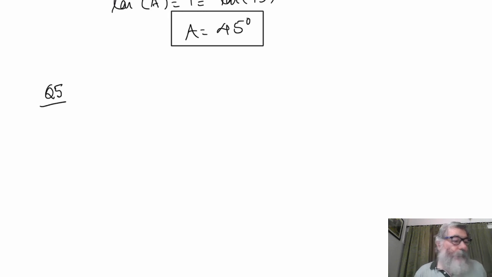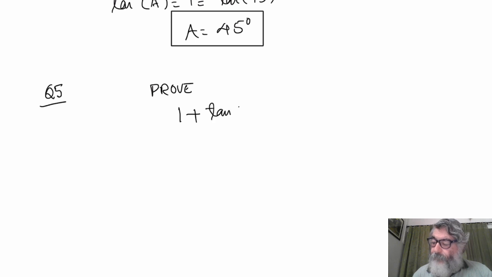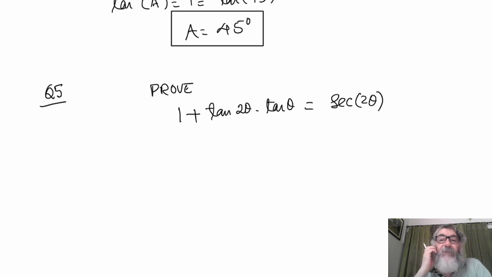He says prove that 1 plus tan 2 theta times tan theta is equal to sec 2 theta. So whenever a question is given, you take left hand side or right hand side, whichever side is more complicated.